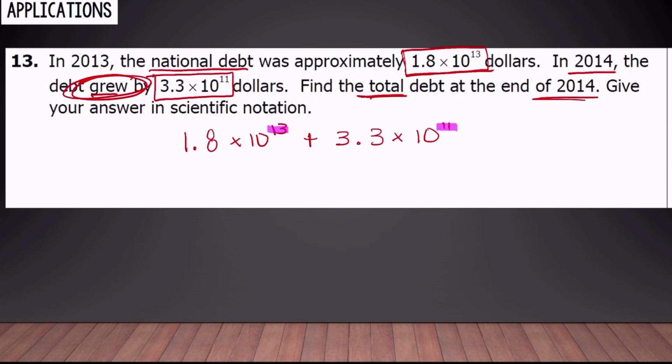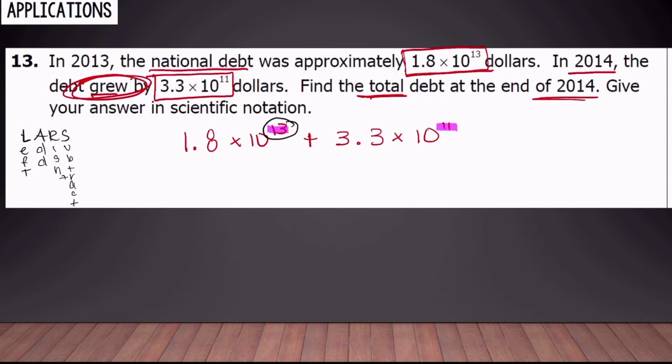So let's just take our, what do we want to do? We want to make 11 go up. So remember, left, add, right, subtract. Some of you might be saying, no, I actually want to make the 13 go down.